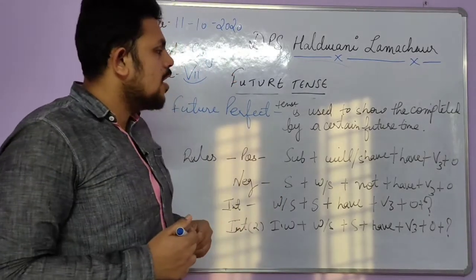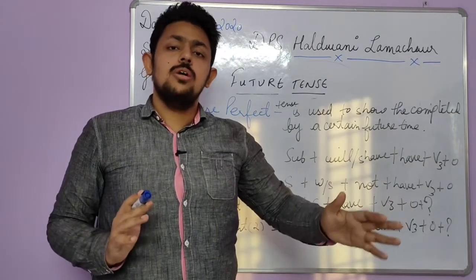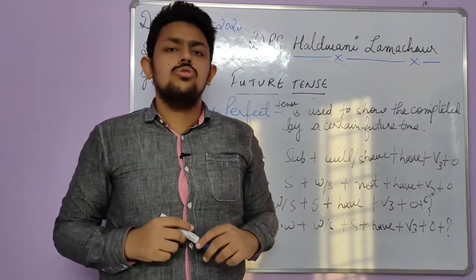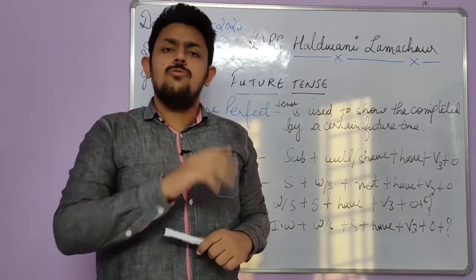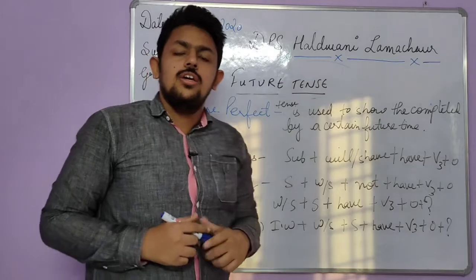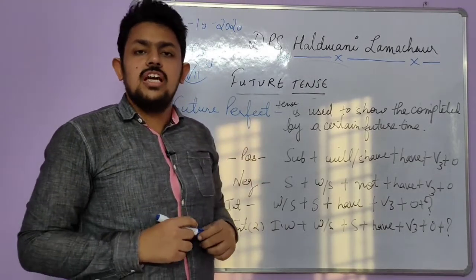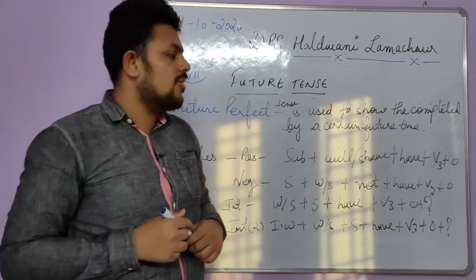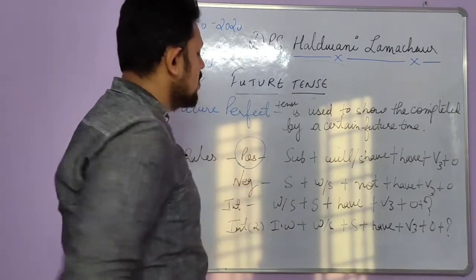An action which will be completed. It is in future but it will be completed. So how to show that it is completed? By using the third form of the verb. Remember this thing that whenever we have the perfect form of the tense, we use the third form of the verb. See, rules. Firstly, positive.